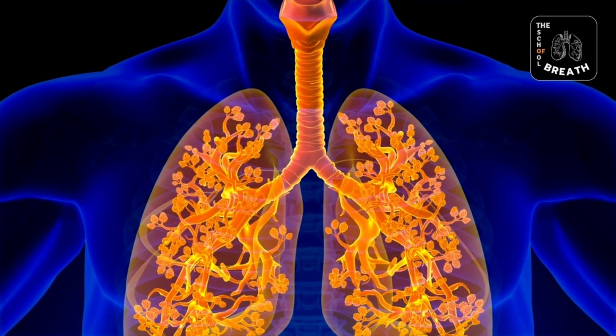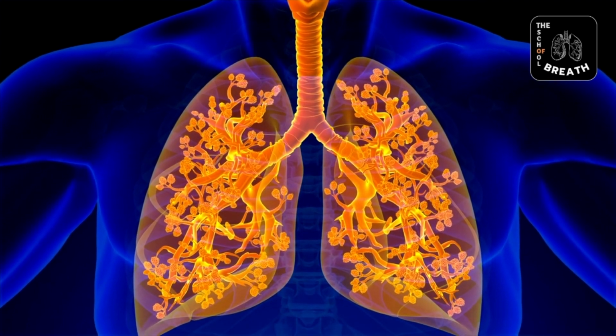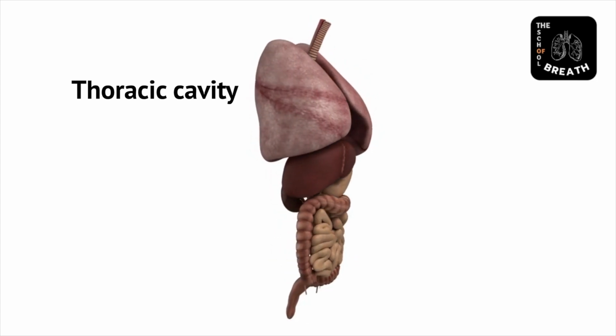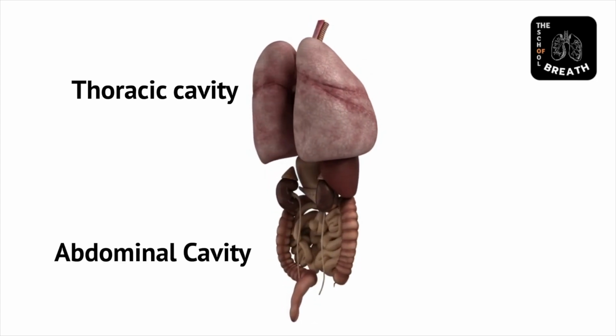This pressure creates equilibrium, and that's why our lungs don't collapse. Now let's understand how we breathe in and out and what the role of the diaphragm is. The diaphragm sits right here under the rib cage, segregating the thoracic cavity from the abdominal cavity.